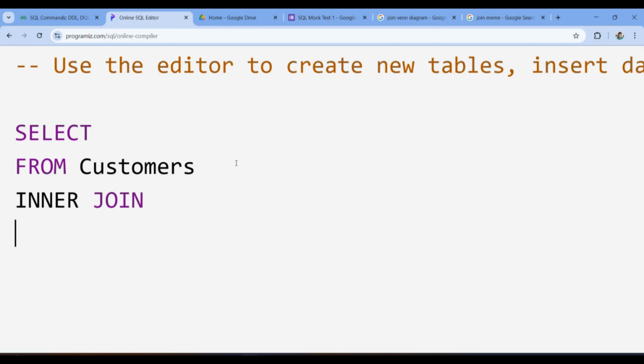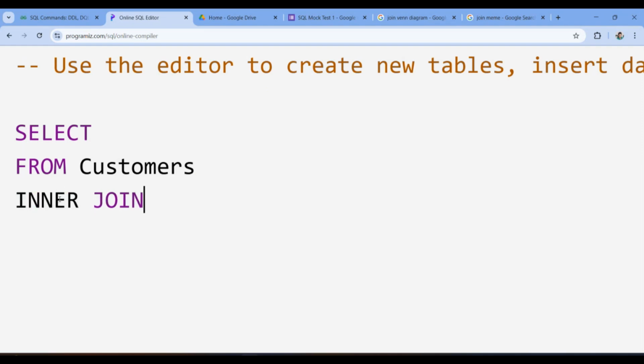I'll say inner join. Now, how would you decide which is the left table and which is the right table, in case a left join or right join is there? Always, the table which you write in your from is your left table. Always, the table which comes after any type of join will be your right table. Even if it is a left join, this is your left table. Whatever table you write after the left join, that will be your right table.